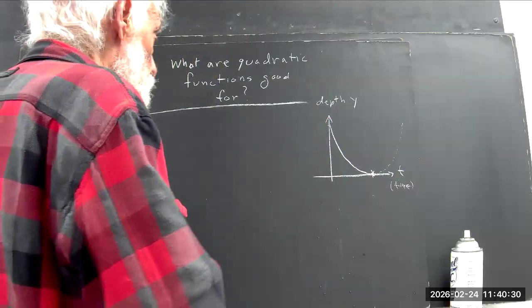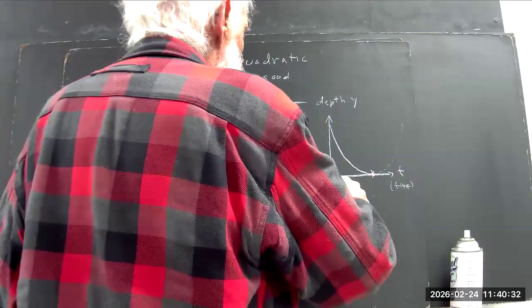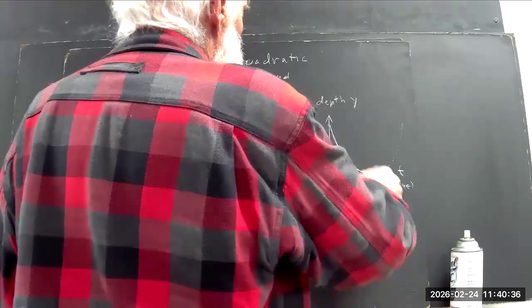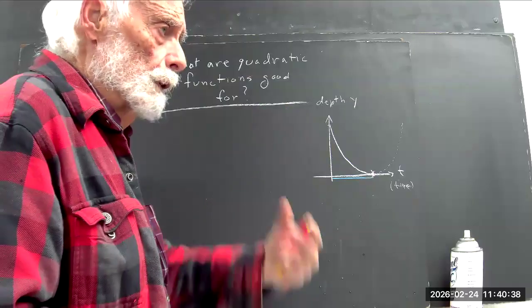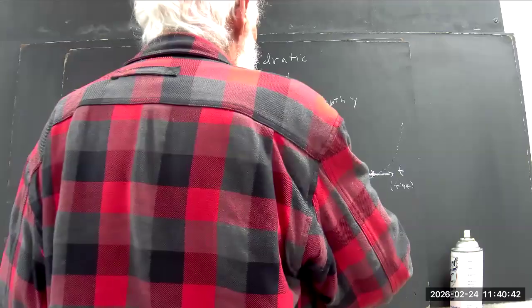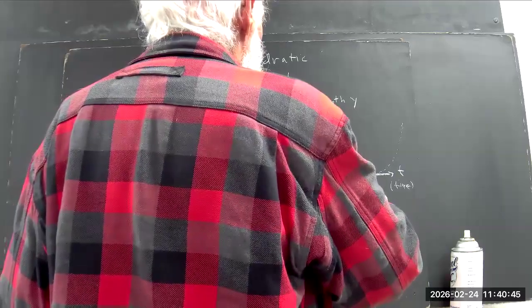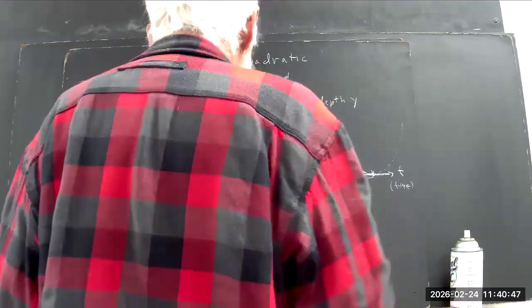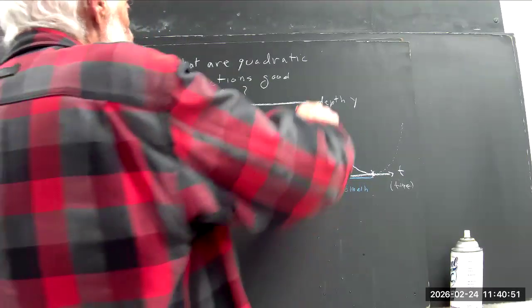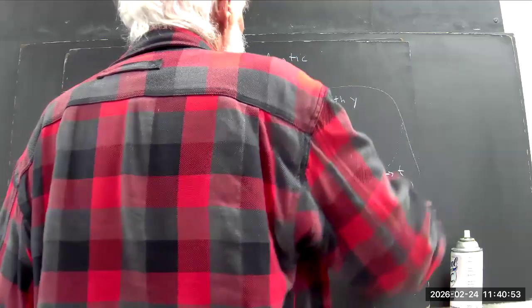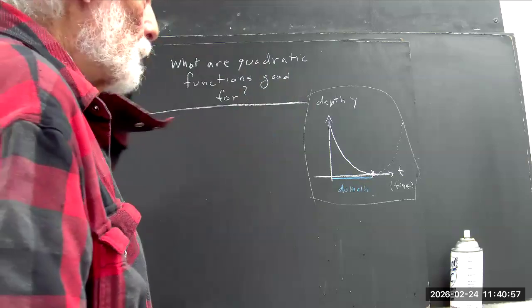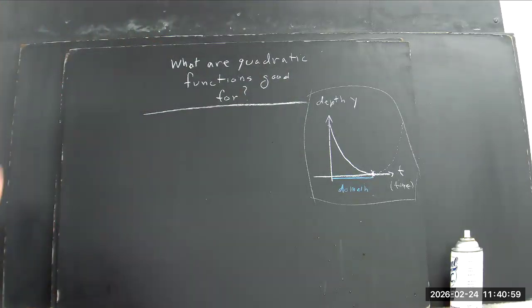Okay, on the limited domain from t equals 0, we'll say, up to the point where the water flow stops. Only on that domain does a quadratic function model the depth of water in that container. Now, that's, I think, kind of interesting. I could go on about why that sort of thing is important, but we'll talk about that later.